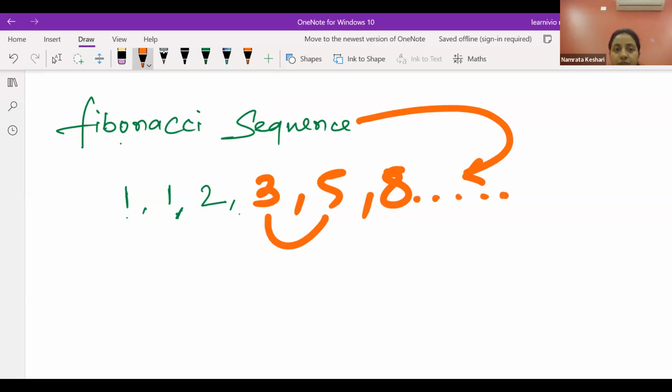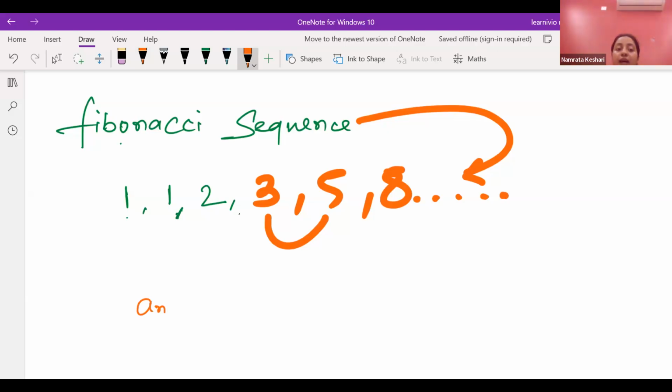Sometimes we also have to write the nth term here. In AP we have a formula, and in GP we also have a formula to calculate the nth term. But every time we don't have a formula. If the sequence is this type of random sequence, then we don't have any formula which will give us the nth term so perfectly.